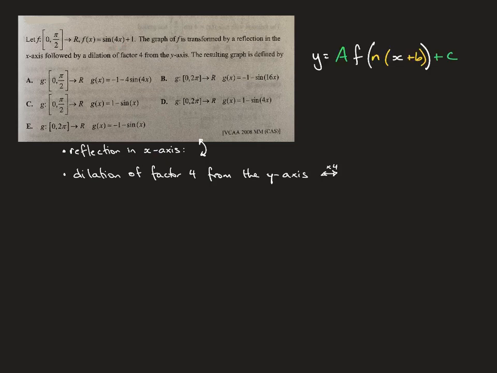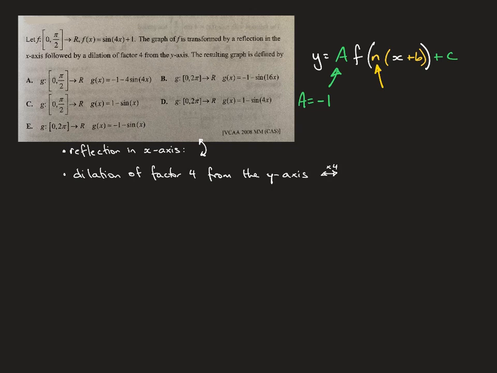So a reflection in the x-axis changes the value of a to be minus 1. So we've got a is equal to minus 1. So the whole function is going to be multiplied by -1. The second transformation we've got here is a dilation of factor 4 from the y-axis. So this is a horizontal one. So this is our n value.